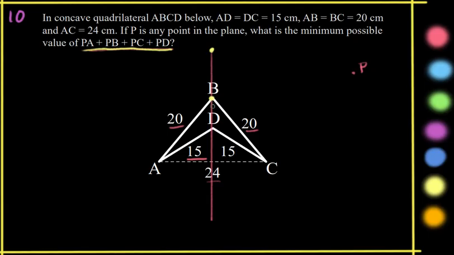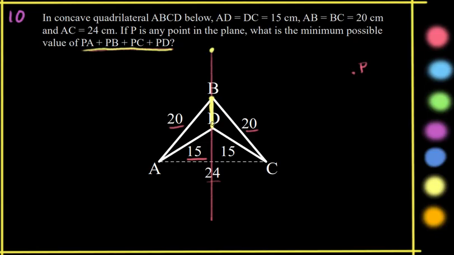And the other thing is, let's consider all the points on this little segment here. Which one of those points would be the ideal place to put P? Well, if you think about starting at B and moving down, let's just think about the distance from P to B and the distance from P to D. The sum of those distances is going to be the same no matter where you are on this segment.